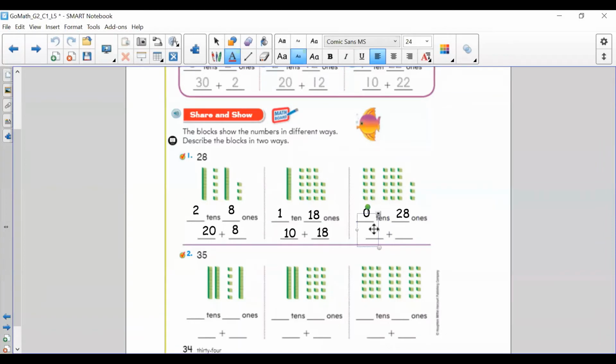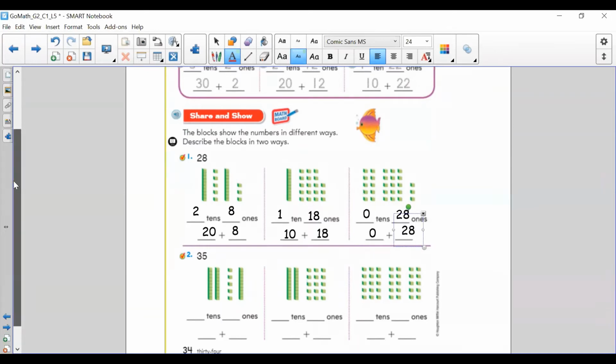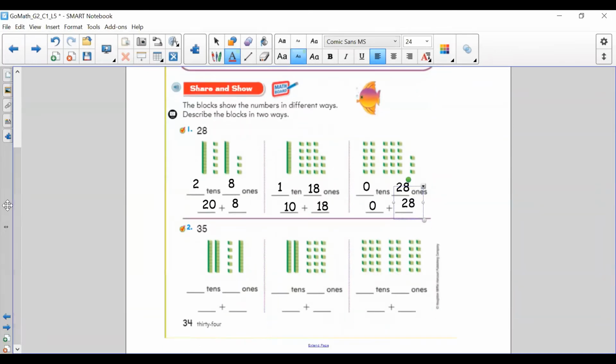So we could say the value of 0 tens, that would be 0. And the value of 28 ones is exactly 28.